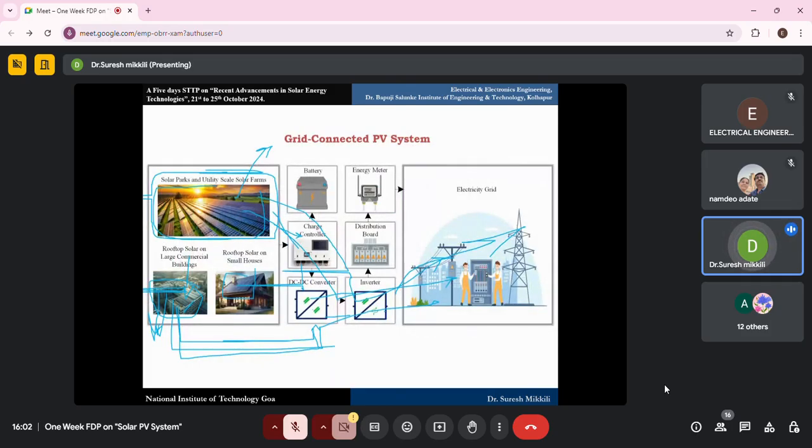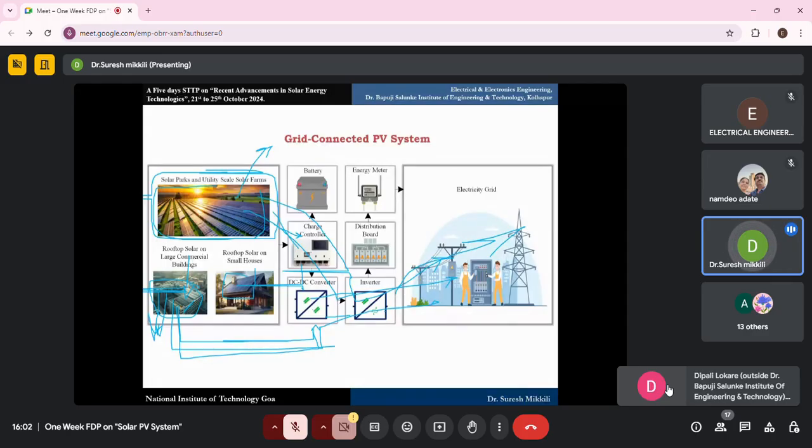Whereas in grid connected PV systems, any excess power will be injected into the grid through converters and inverters. Understand? In the utility grid, solar parks are connected straight away to the grid.